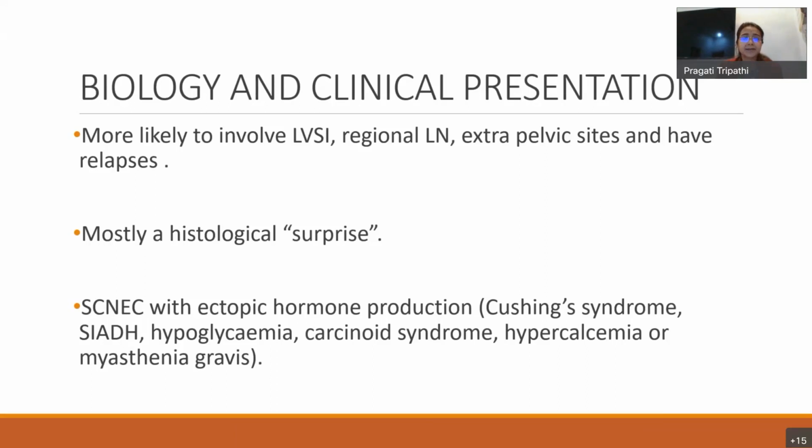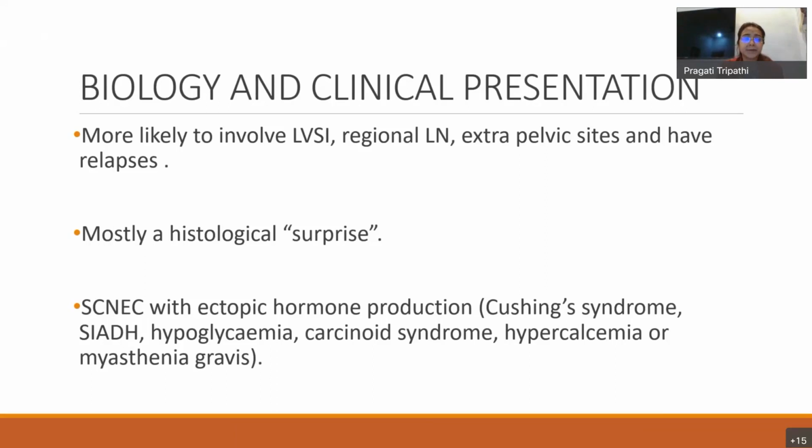Small cell neuroendocrine cancers of the cervix sometimes present with ectopic hormone production. There are two cases where endocrine paraneoplastic syndromes have been reported. There was one report where a woman with postmenopausal bleeding presented with intractable seizures and persistent hyponatremia.